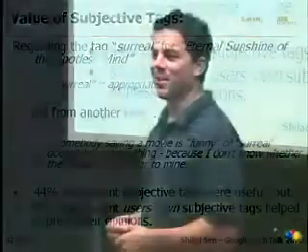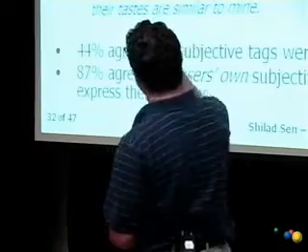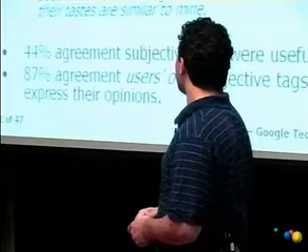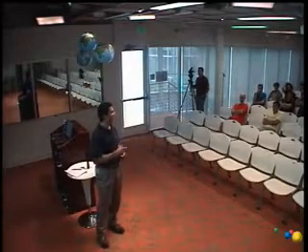They didn't like subjective tags if they didn't agree with them. And that's kind of reflected in these 2 quotations. Subjective tags were in general less useful, but users who created the subjective tags found them very useful for expressing their own opinions. So they liked applying subjective tags even if the other people in the community didn't get as much value from them.